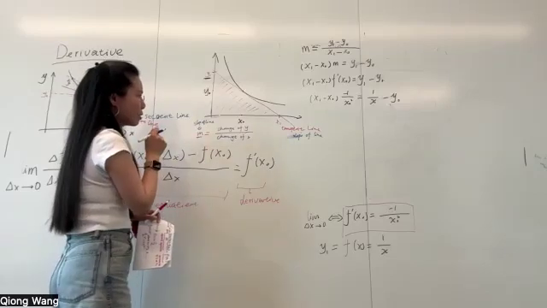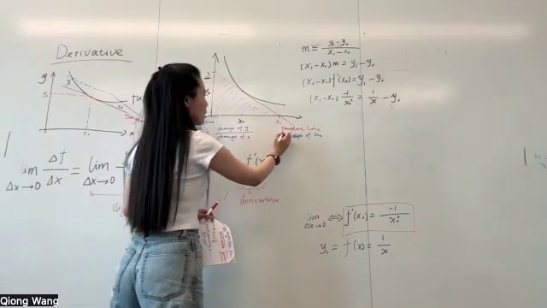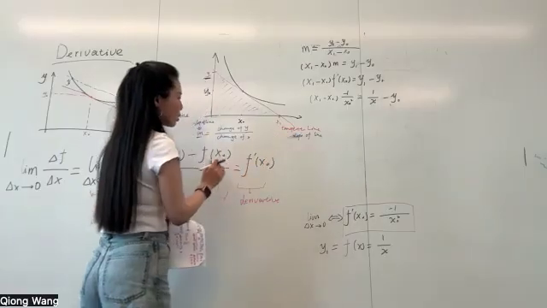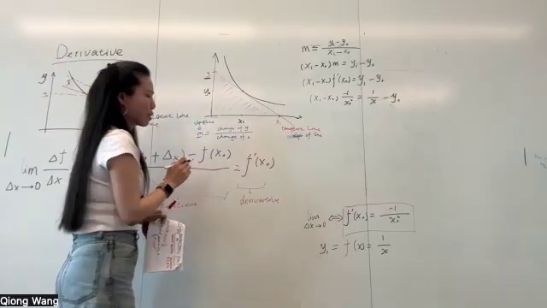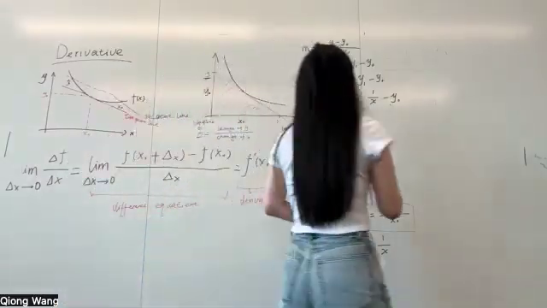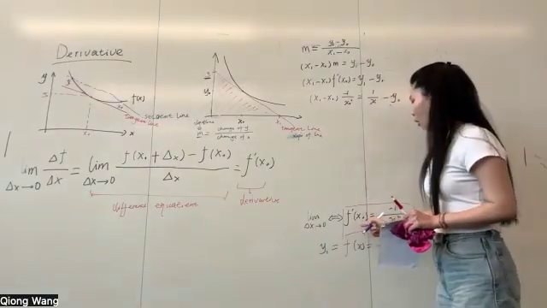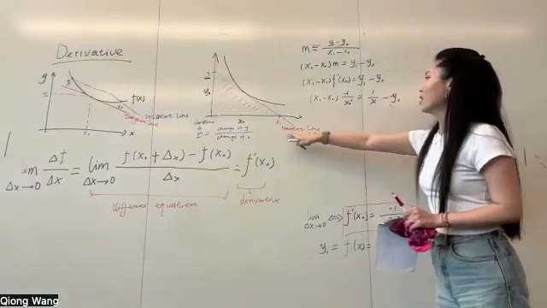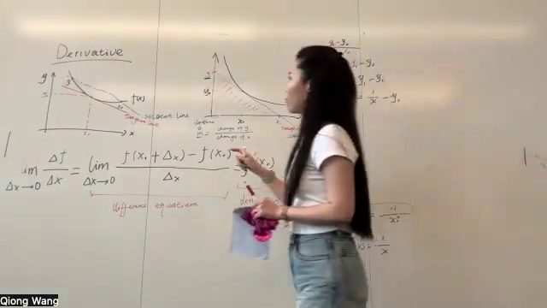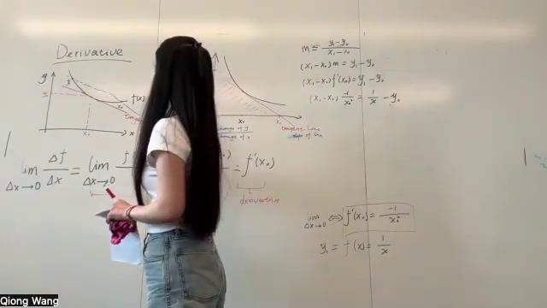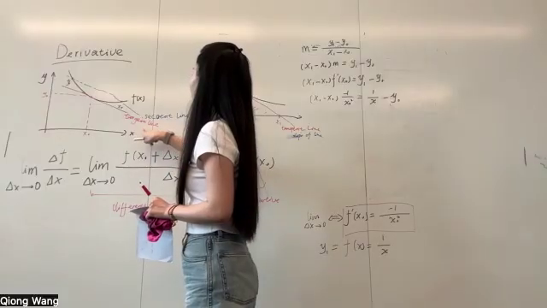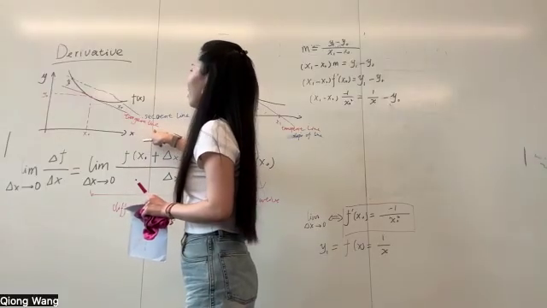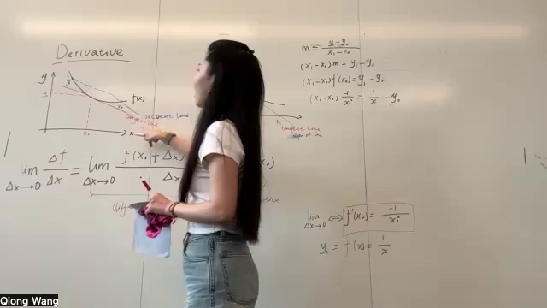And in the specific situation of the tangent line, the slope of this line equals the derivative, because we know the derivative is a specific situation of the slope of the tangent line, right?